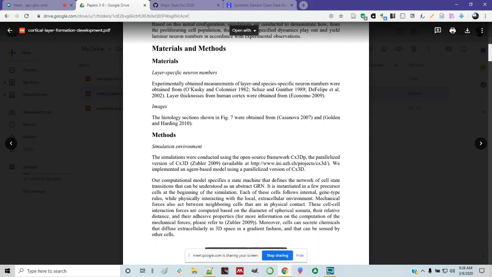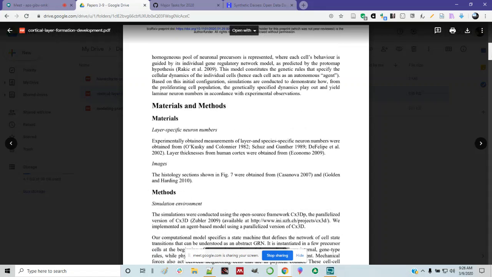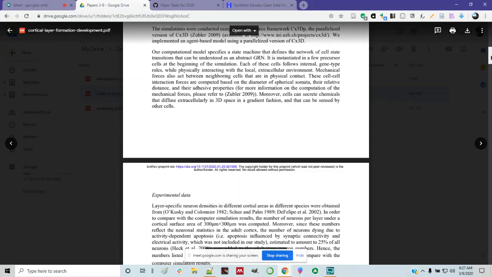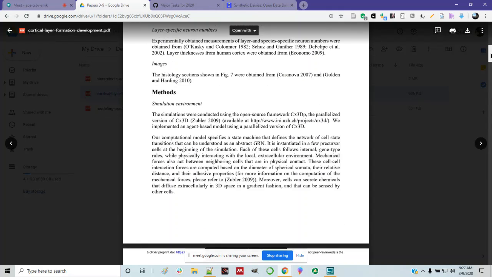They have the materials and methods. What they're doing here is some experimental verification of neuron numbers. So they look at some histology, and then they have a simulation environment. So the simulation environment is the open source framework CX3D. I don't know what that is.